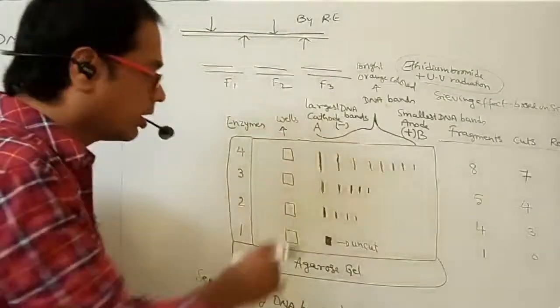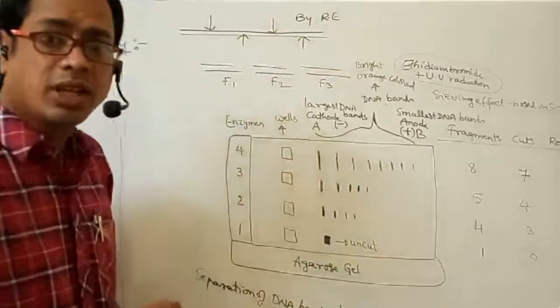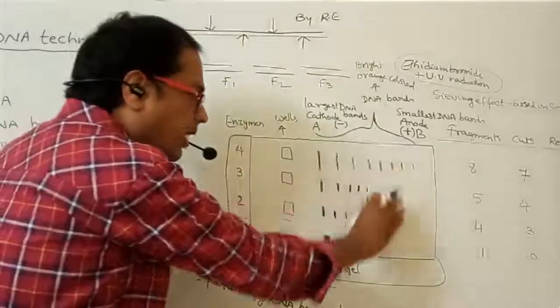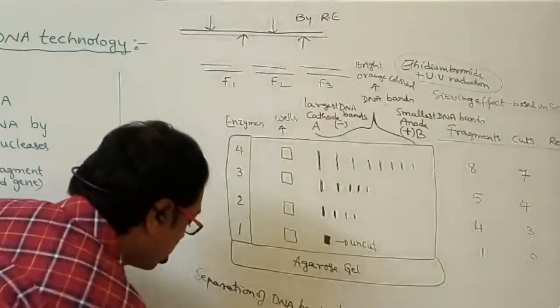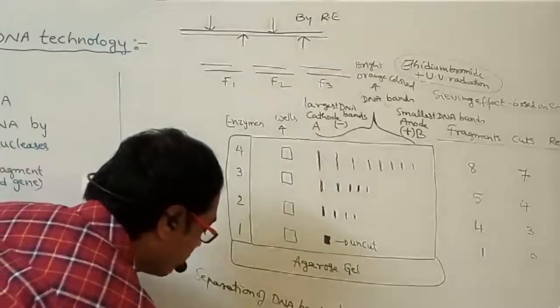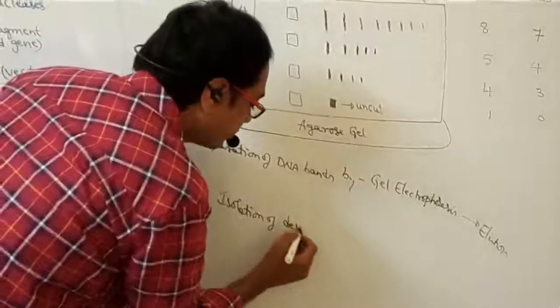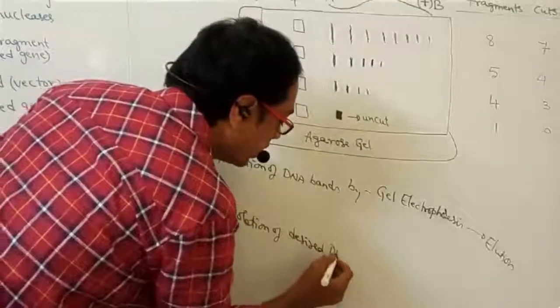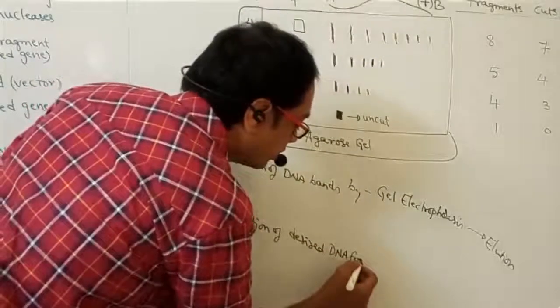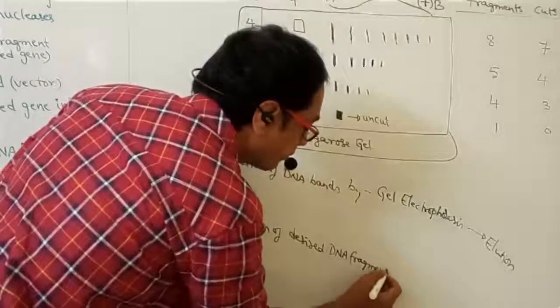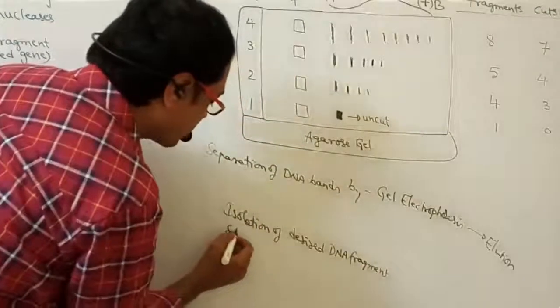Finally, of these DNA fragments, that is isolation of desired DNA. Isolation means selection.